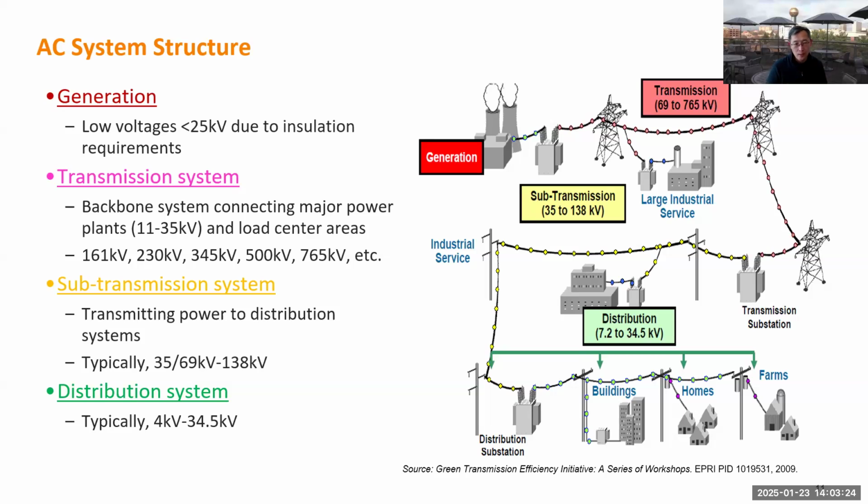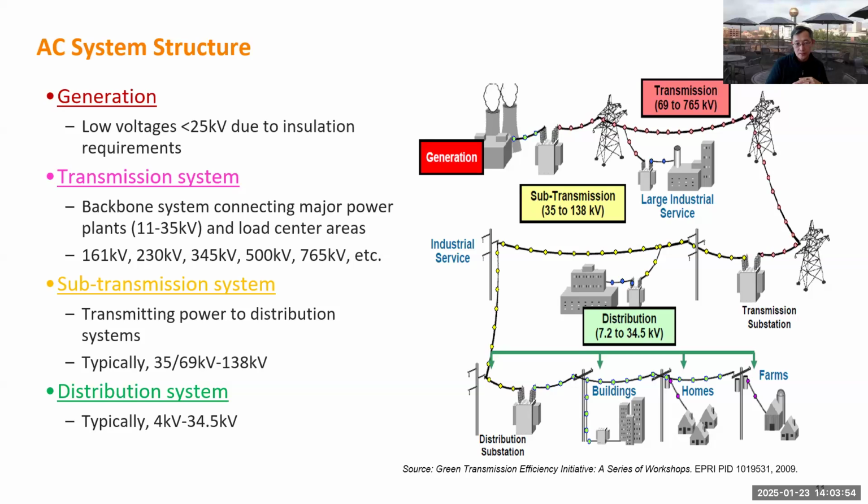This slide shows the AC power system structure, including generation, transmission, subtransmission, and distribution systems. If we draw a very simple power system, starting from one power plant generating electricity and delivering it over long distances through transformers and transmission lines to the end users, this is literally speaking a whole power system.